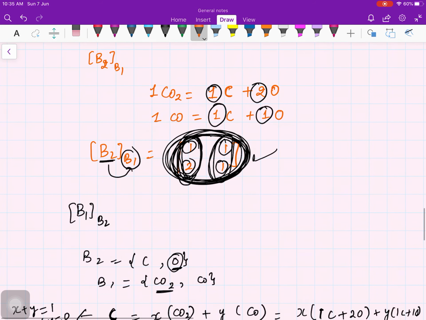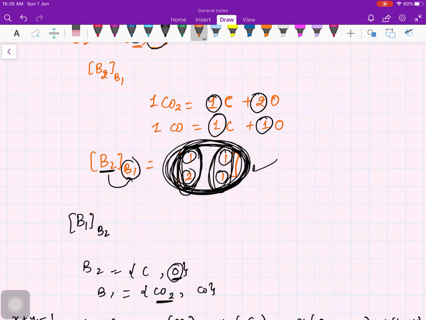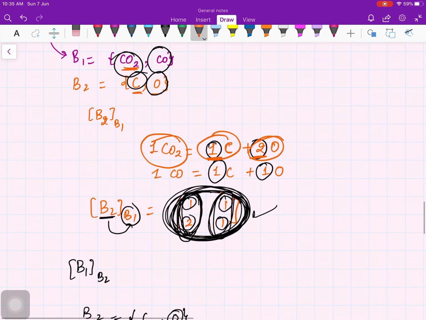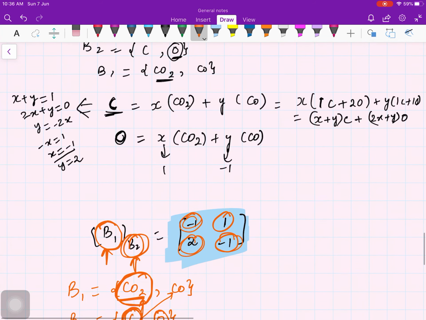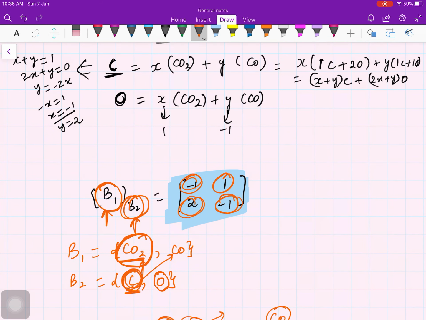Whereas for the matrix we talked about earlier, we had to write carbon dioxide in terms of carbon and oxygen. That was simple. That is why we had positive numbers there. And here we saw that this tells you how much of carbon and oxygen is contained in carbon dioxide and carbon monoxide, and here it is telling us how much of carbon dioxide and carbon monoxide is contained in carbon and oxygen. Is that clear?